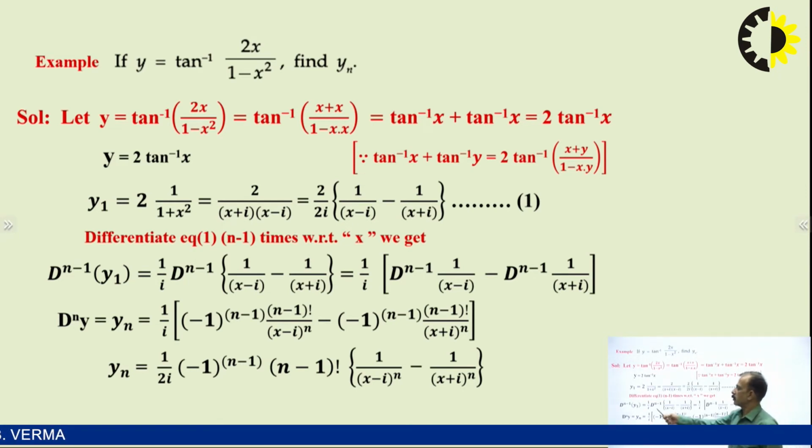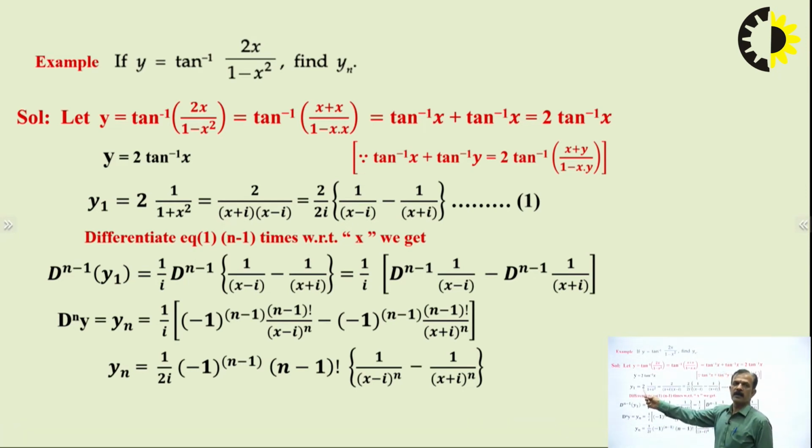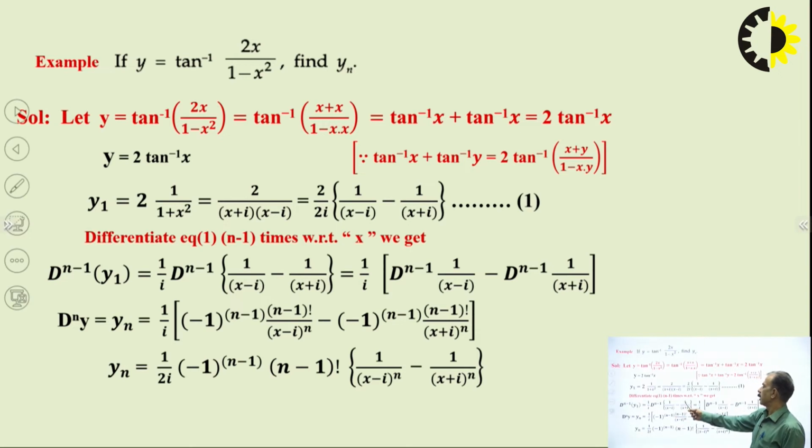Because this is the first derivative, but we need the nth derivative of the given function, we differentiate y1 n minus 1 times. So we operate d raised to the power n minus 1 on both sides: d raised to the power n minus 1 of 1 upon x minus i minus d raised to the power n minus 1 of 1 upon x plus i.